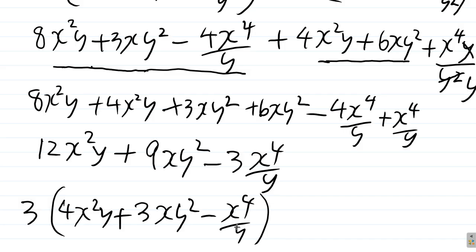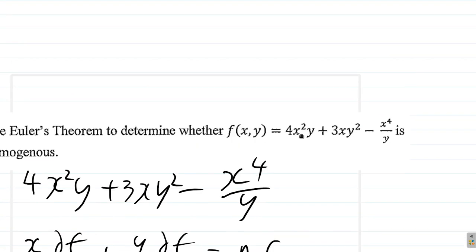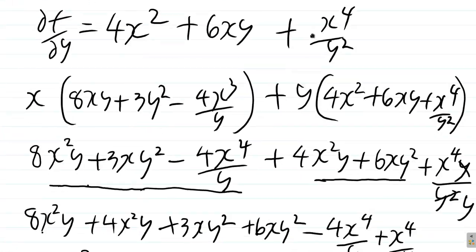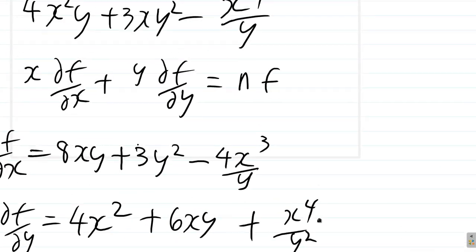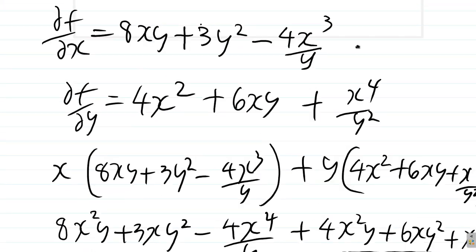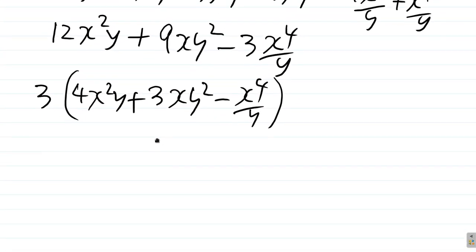Alright. So, let's compare it with what we had: 3 times 4x squared y plus 3xy squared plus x to the 4 over y minus x to the 4 over y. Good. So, this is really the function.